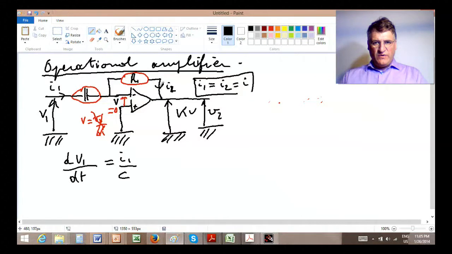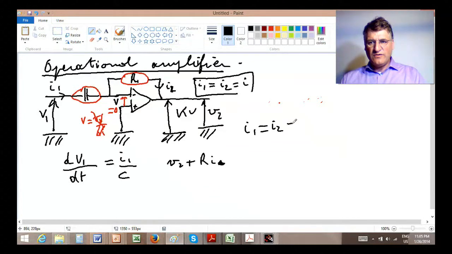Then we also have that V1, so that gives us I1. Now we have V2 plus R I2, which is R times I, because again I1 is equal to I2 is equal to I. V2 plus R times I must be equal to the voltage here, which is 0. So again I simplify my I's here and there.